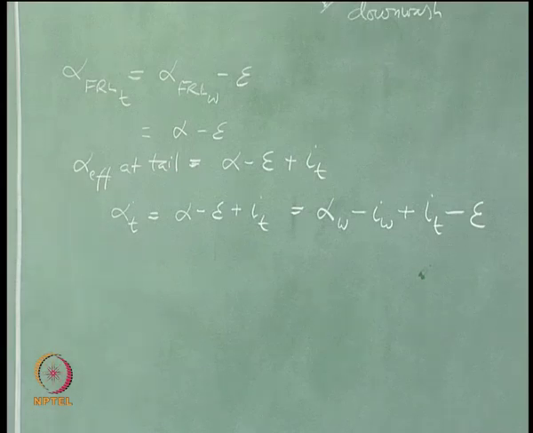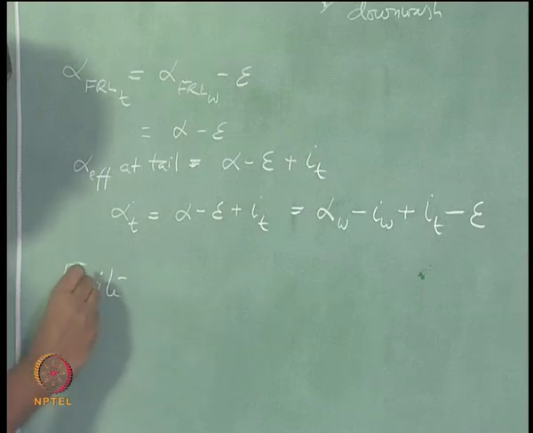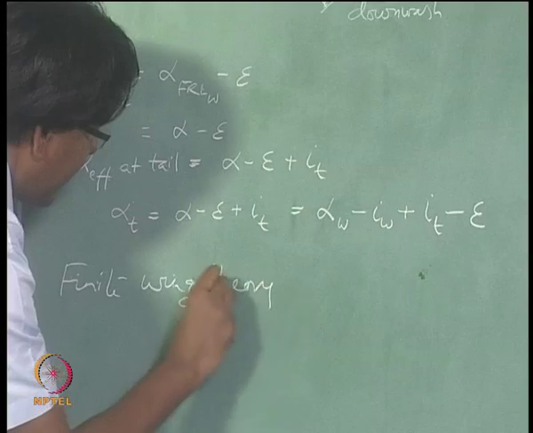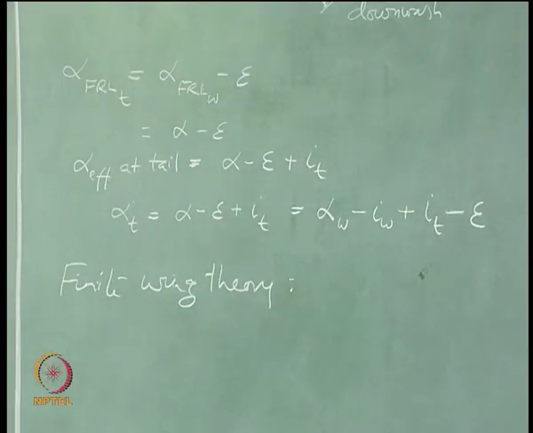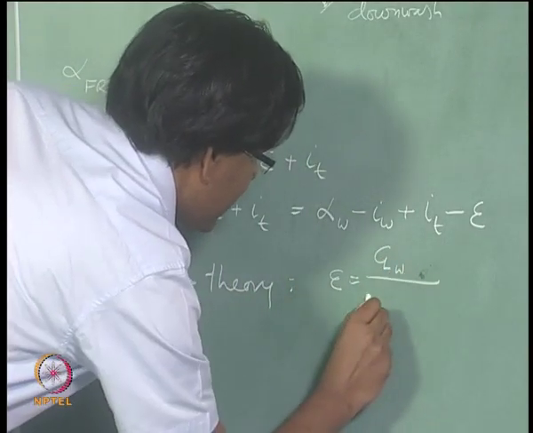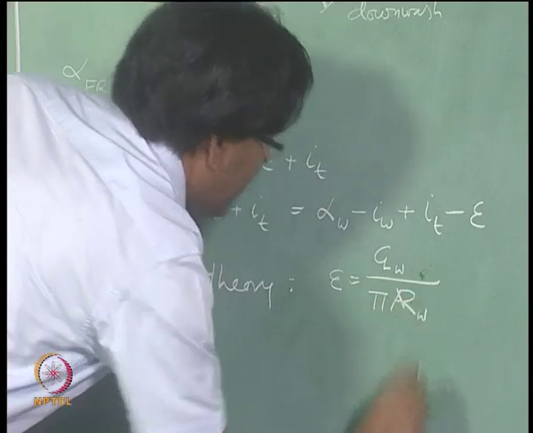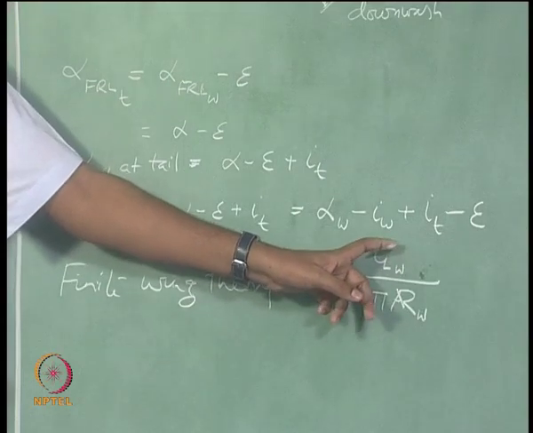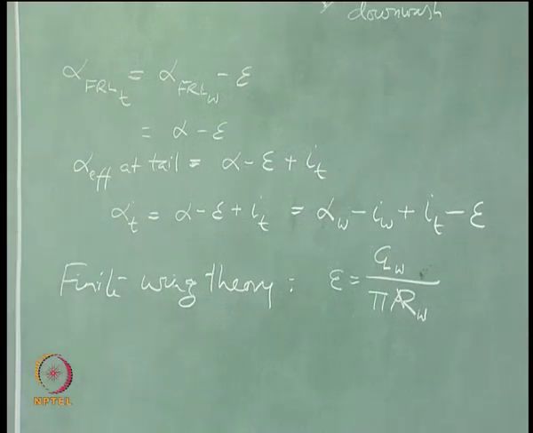So there the finite wing theory gives you an expression for this epsilon, which is CLW, the lift coefficient of the wing, over pi into the aspect ratio of the wing, okay.